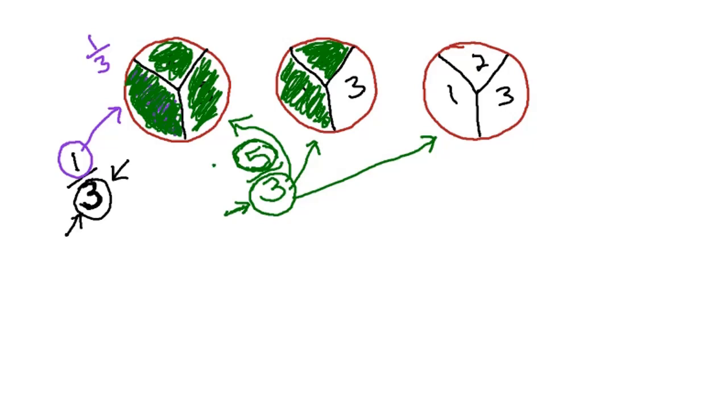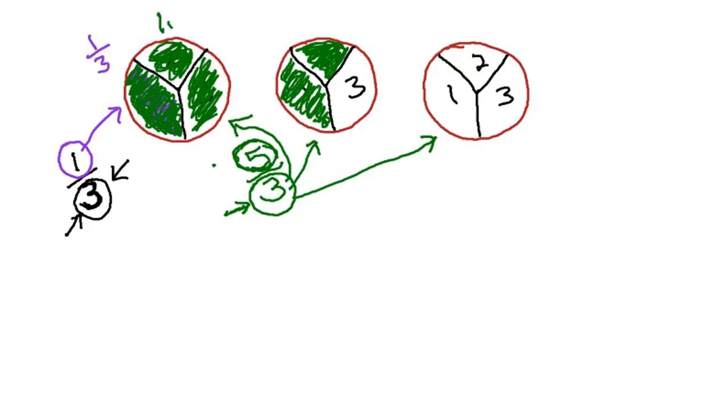So if you look at this, how many pieces of pizza did I color in green? I colored in 5 pieces, right? But if you're dividing these pizzas into 3 parts each, then 5 pieces is going to take up more than just one pizza.